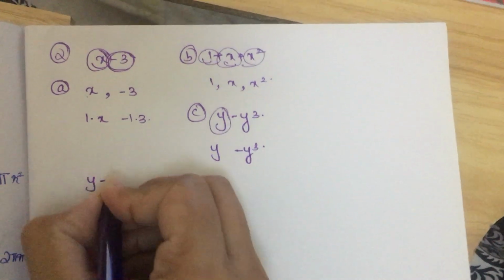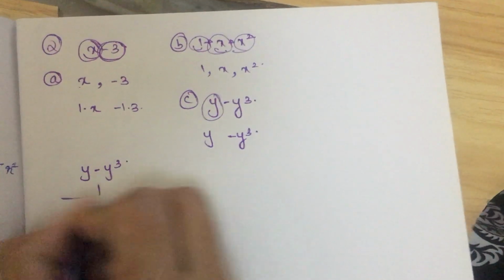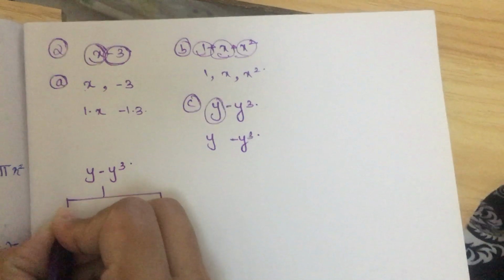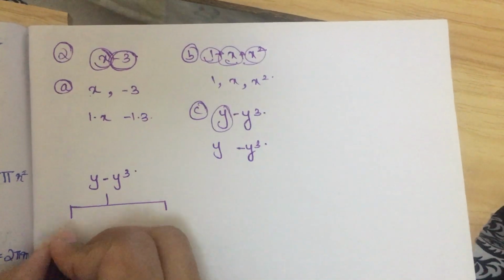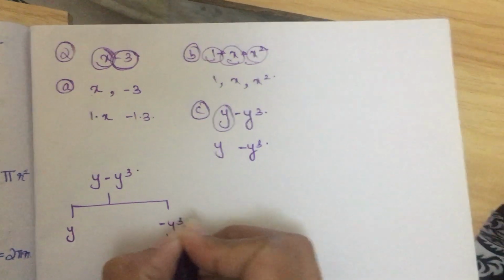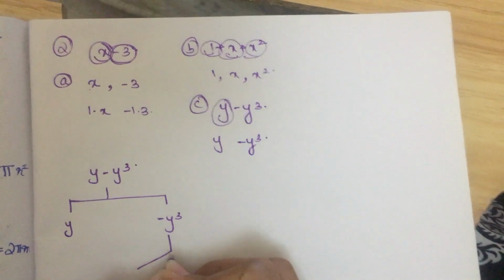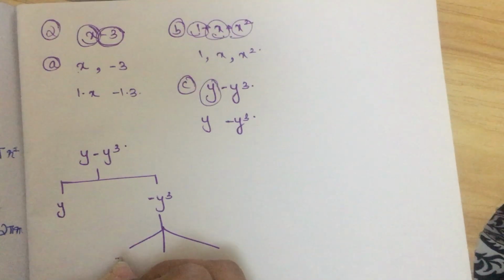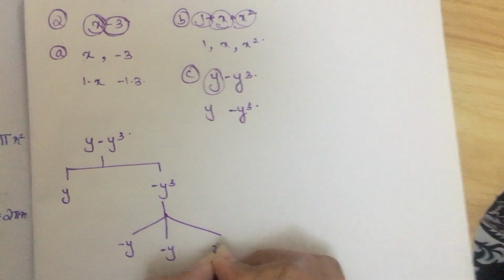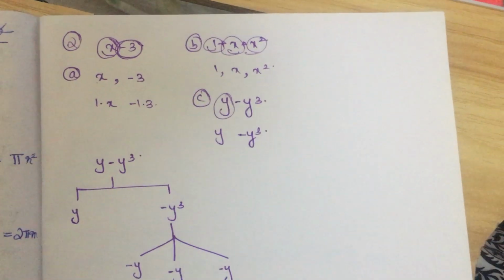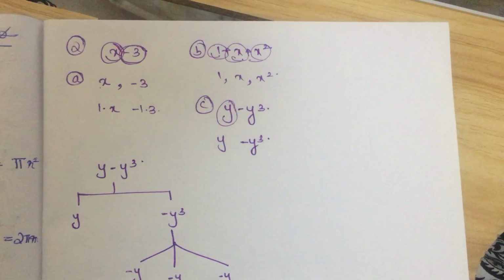So if I have y minus y cube, this is how they are writing. The terms of this are y and minus y cube. This is a lone term, nothing can be done, but this can be further divided into minus y into y into y. This is what a tree diagram is, and that's how you represent it.